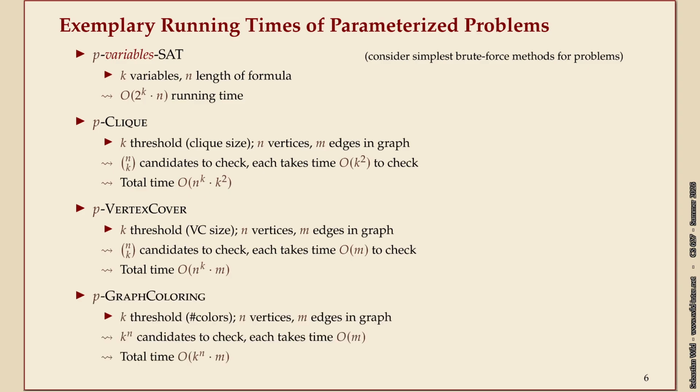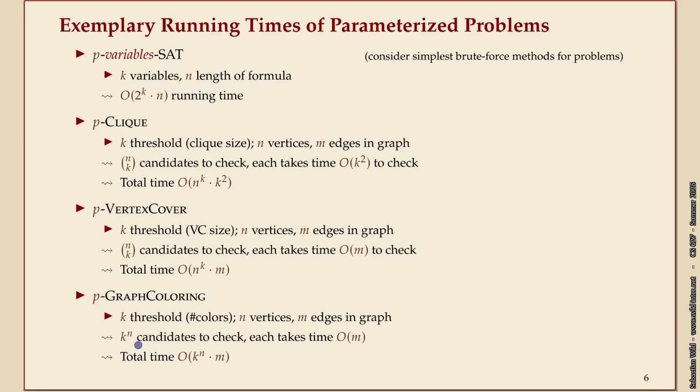And last, I could have the coloring problem, where I'm trying to assign colors to vertices. And the question is, can I do it with k colors, where k, again, is the parameter? And here, the brute force method of checking all possible colorings of vertices is incredibly wasteful because there's lots of symmetry, but really you can't do that much better unless you try to be really smart.